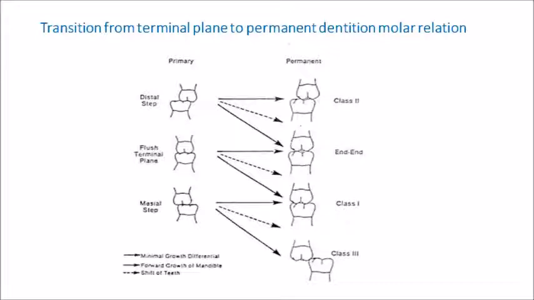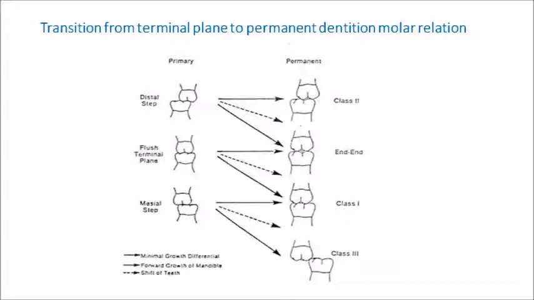Before that, one more thing: one of the few factors which influences the transition from primary molar relation to permanent dentition is the growth of the mandible as well as the shift of the teeth. We have already seen the early and late mesial shift, and along with the shift of the teeth, the forward growth of the mandible also determines how the primary molar relationship will end up in the permanent dentition.